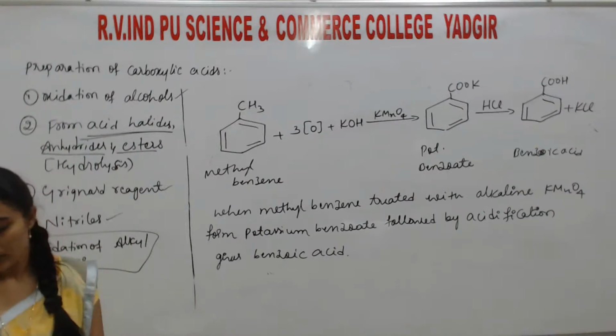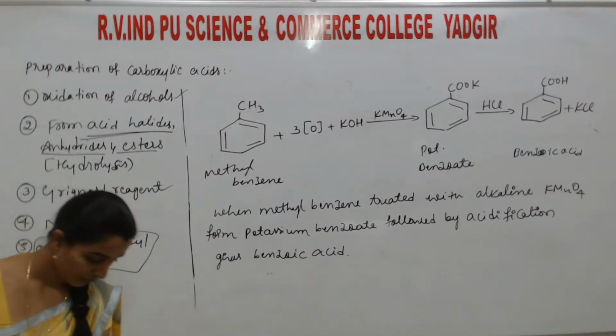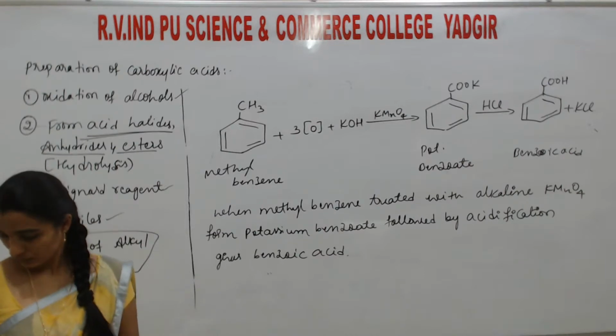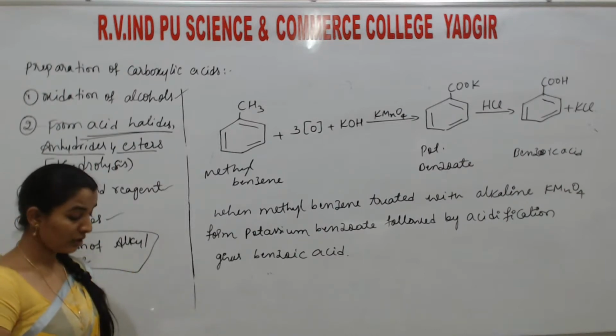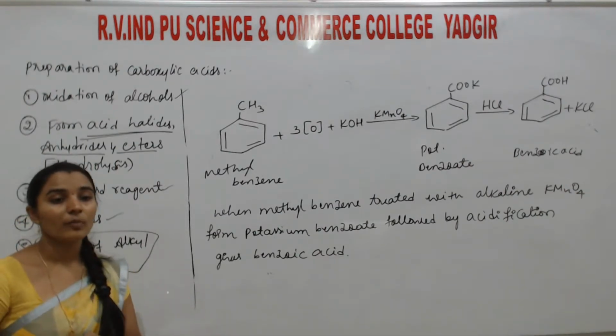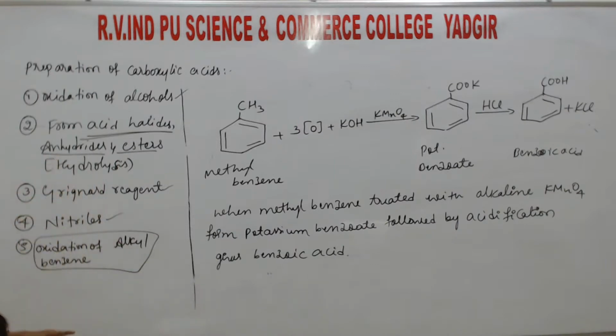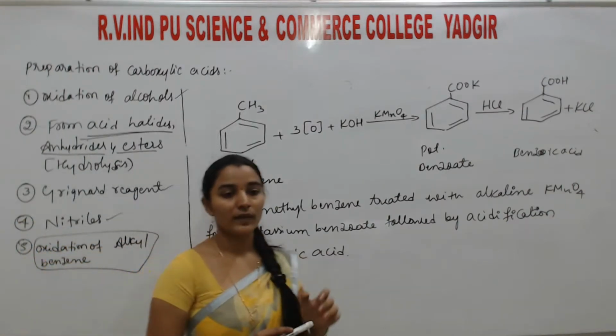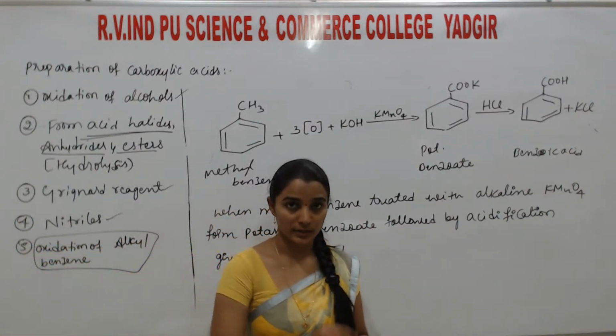So this is the explanation. Understand? So this is all about the preparation of carboxylic acid by these 5 methods. Okay, so in tomorrow's class we will discuss the chemical properties of carboxylic acids. Thank you.